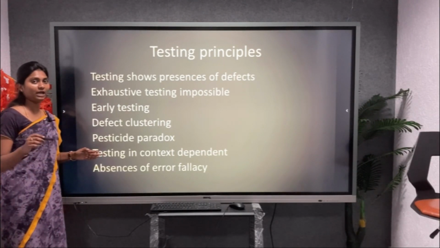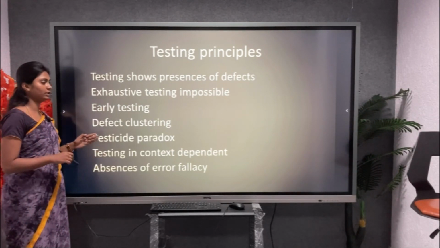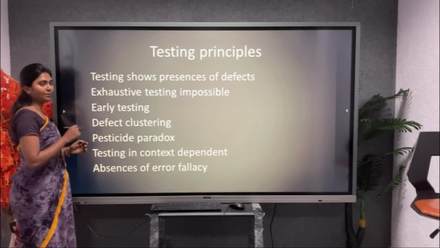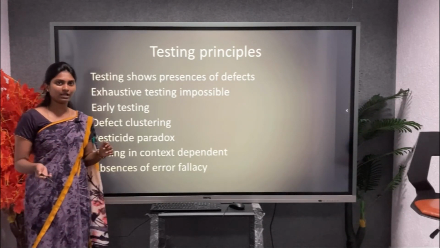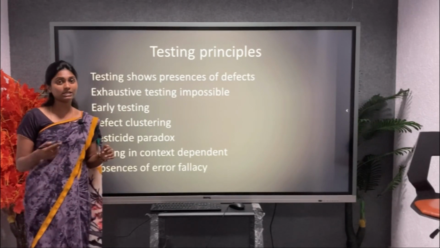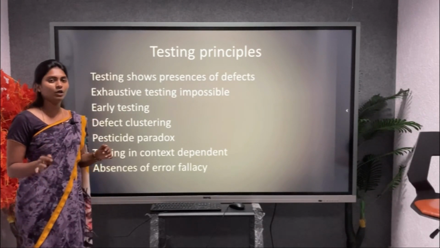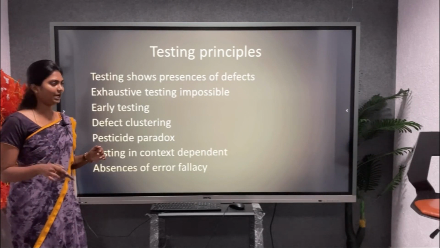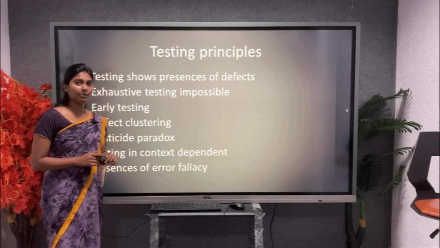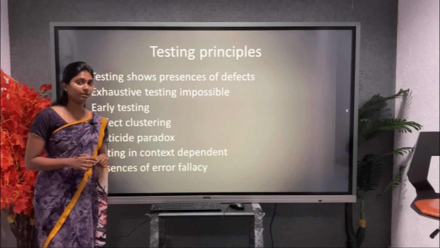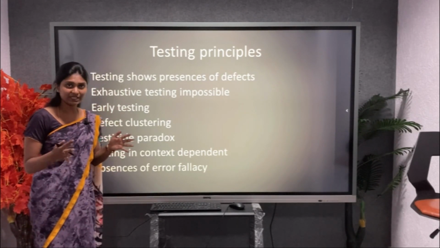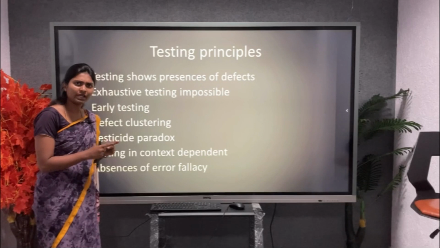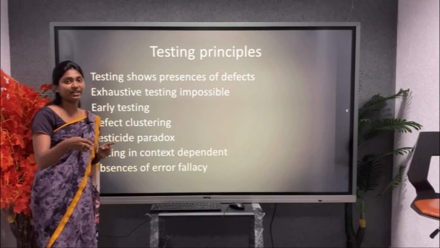Presence of defects means that even when we release to the market, the customer tests many times to find bugs. Exhaustive testing is impossible because a large amount of data cannot all be tested in one place.